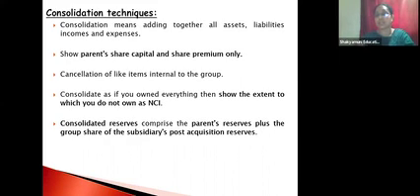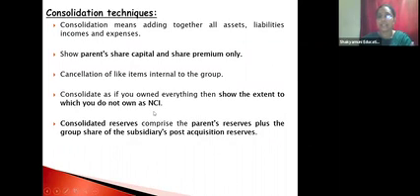That means subsidiary profits, 80% belong to the parent and 20% belong to non-controlling interest. So while preparing consolidated reserves, we add parent reserves plus the parent's share in subsidiary reserves. That is 80% only. The balance 20% will be added to NCI.